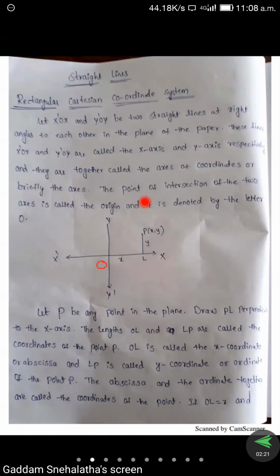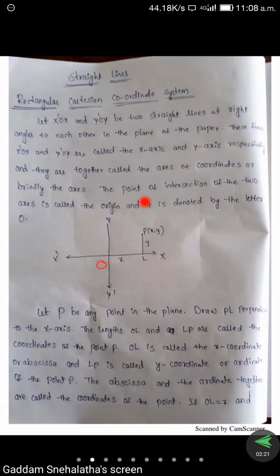This we can say is the origin. Together they are called the axes of coordinates, or in short, axes, or in general form, coordinate axes or axes of coordinates.